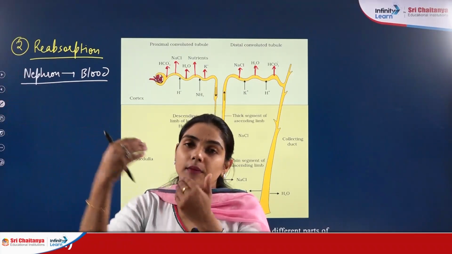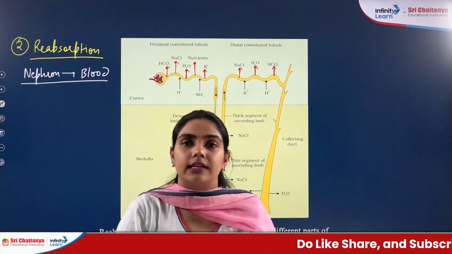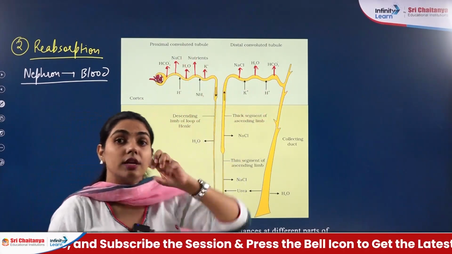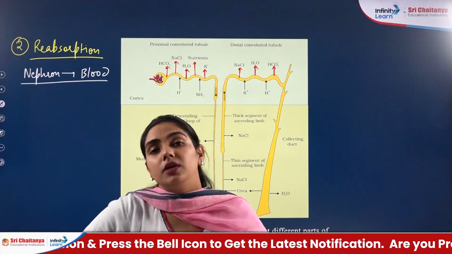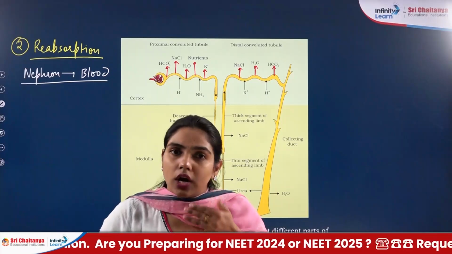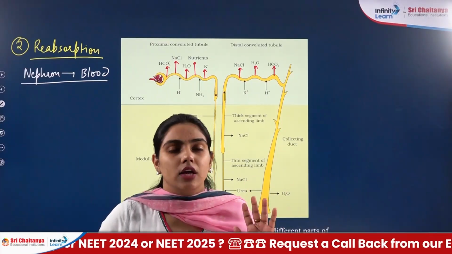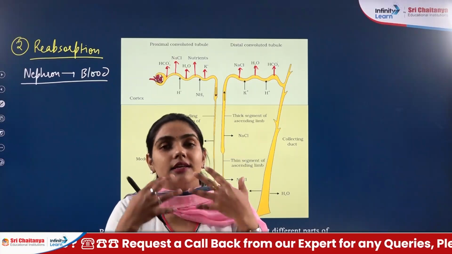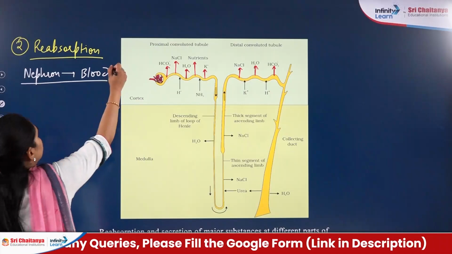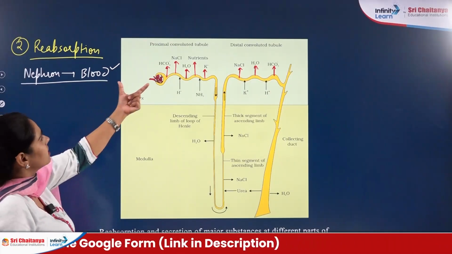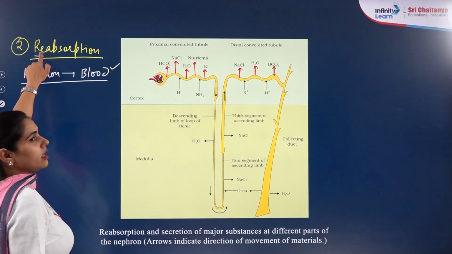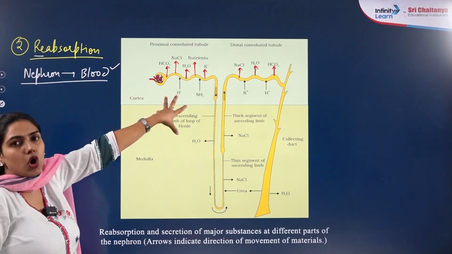After filtration, some of the things will again come into the filtrate. Let us suppose the sodium chloride, the water, the nutrients which are important for our body have come into the glomerular filtrate. We cannot let them go into the urine. We cannot let them pass out of our body. We need to take them back. So that is reabsorption. Again we are absorbing, again we are taking them back into the blood. So absorption takes place in the small intestine, reabsorption takes place in the nephron.